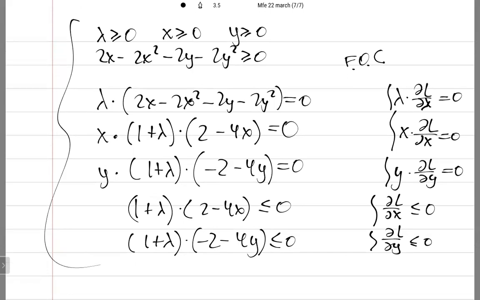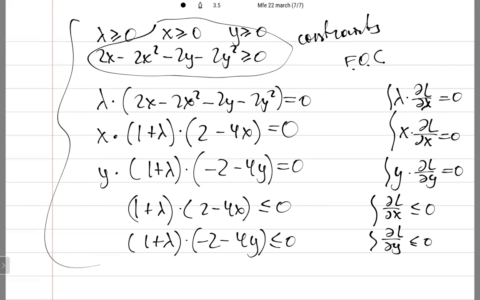These are my constraints. This is the first of the conditions from the Lagrange multiplier method with inequality constraints. So these are comments: why do I have these inequalities.